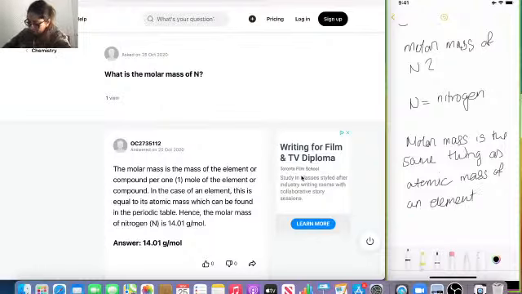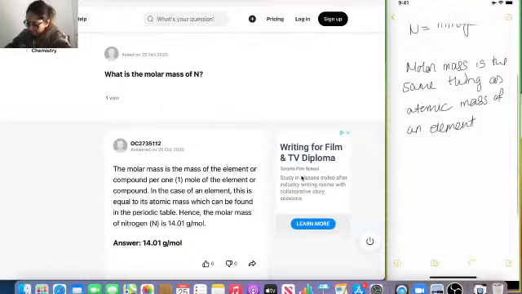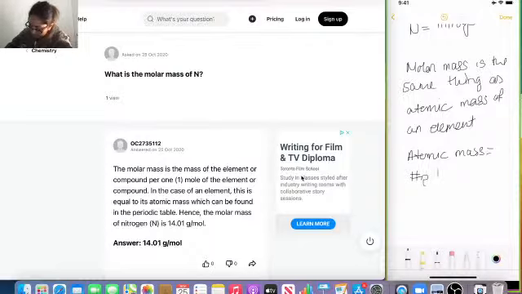For example, if you recall, you find the atomic mass by counting the number of protons plus the number of neutrons, which equals your atomic mass.